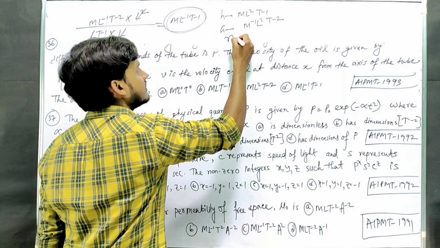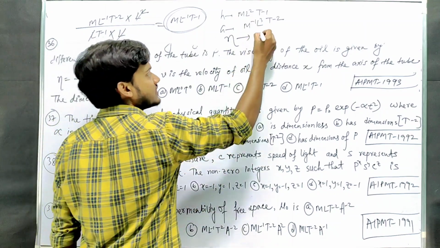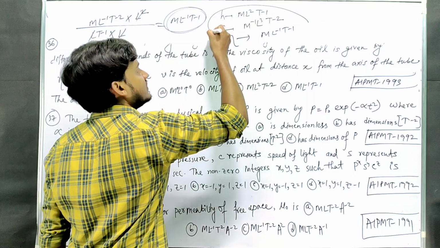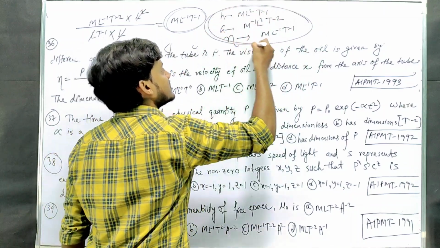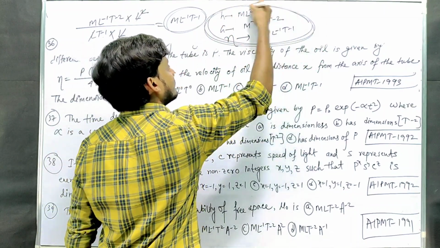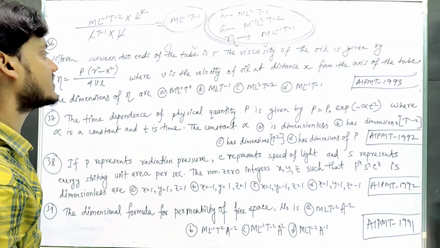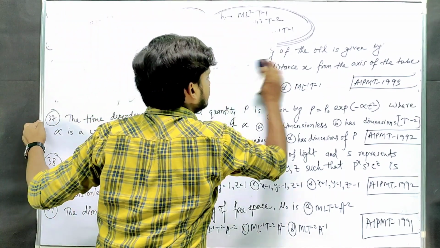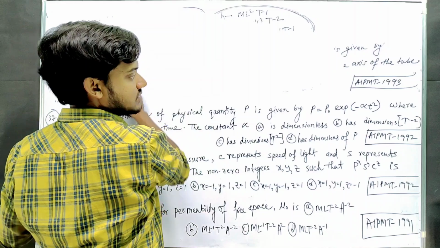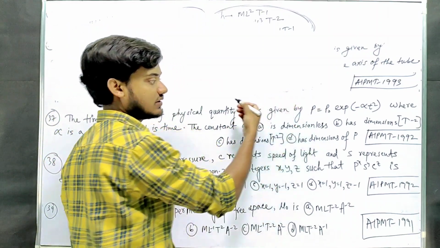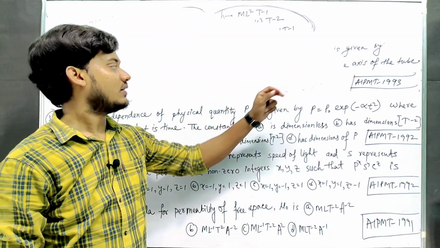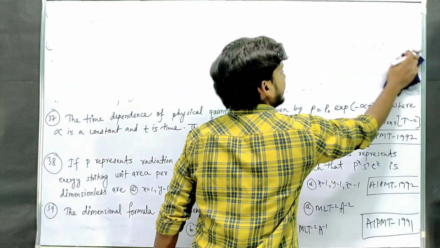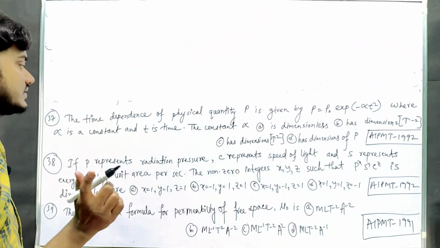And coefficient of viscosity, M L inverse T inverse. These are repeated again and again, so remember them. Next, 37. Oh sorry. So which will be the right answer? M L inverse T inverse is the right answer.